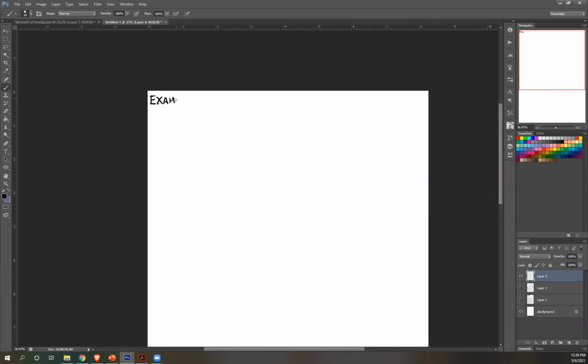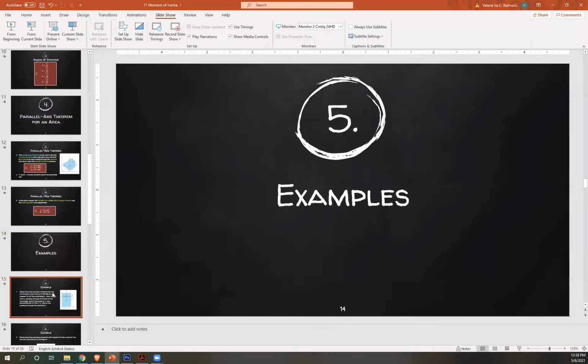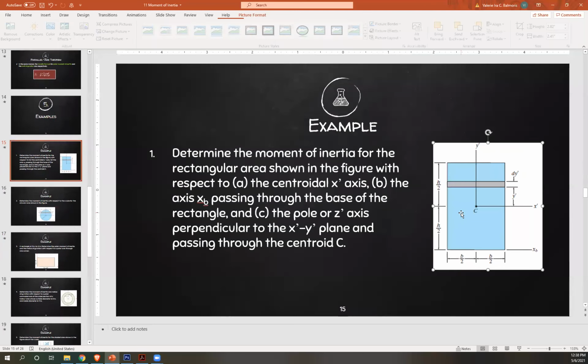Okay, example. Okay, let me just copy again the figure. Let's do this.